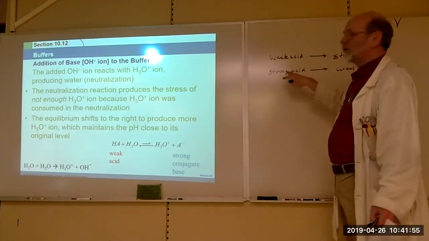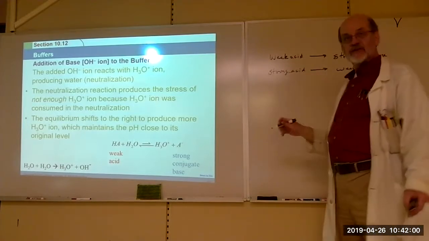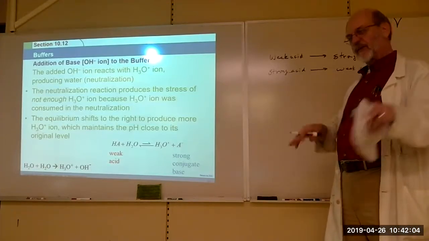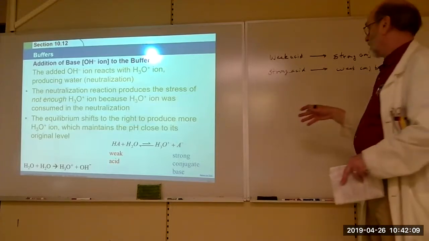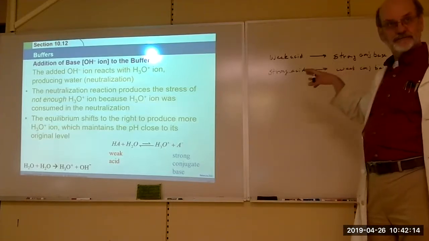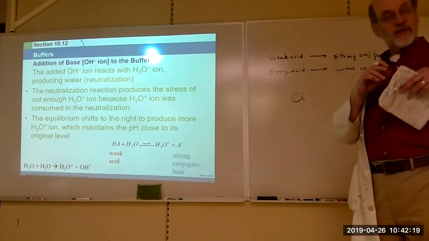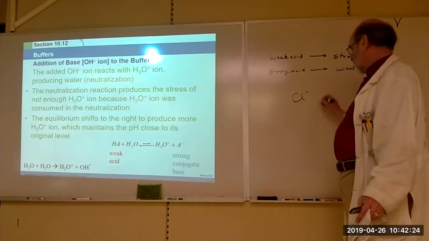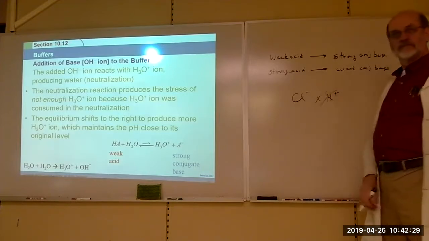Now, we've talked about the difference between strong and weak acids. Right? A strong acid just completely ionizes. It makes hydronium ions and the anion. But we didn't talk so much about the difference between strong base and weak base. Since a base has to be a proton acceptor, if it's a weak base, it doesn't want a proton, right?